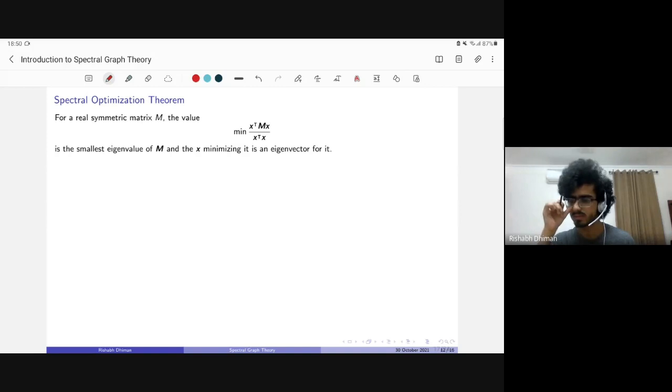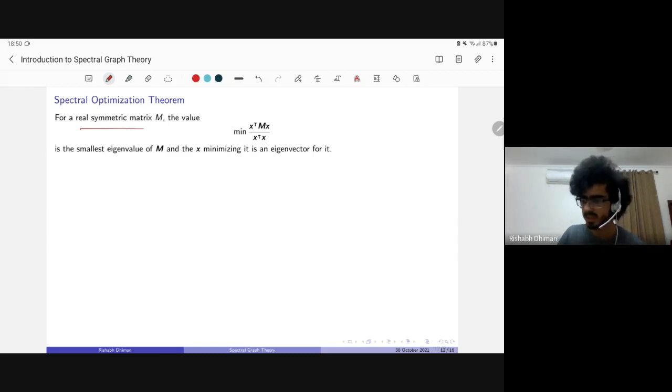Okay, so I talked about the spectral theorem earlier. Now there's a very related theorem which I'll call the spectral optimization theorem. This can be generalized to more graphs, but we look at the real symmetric case.